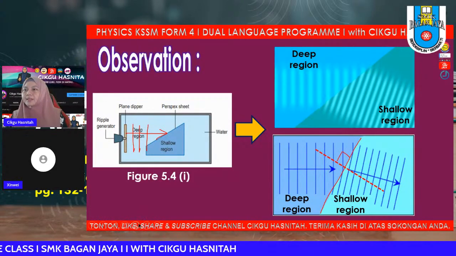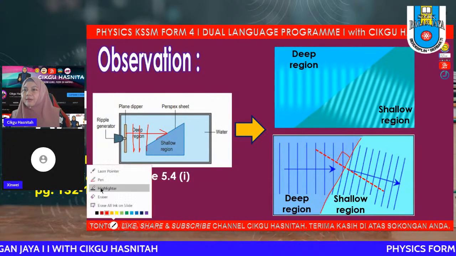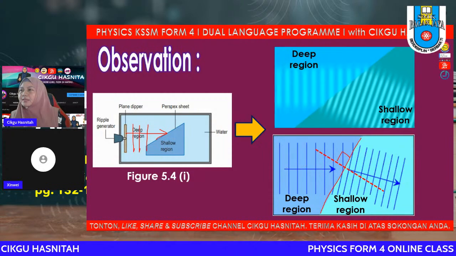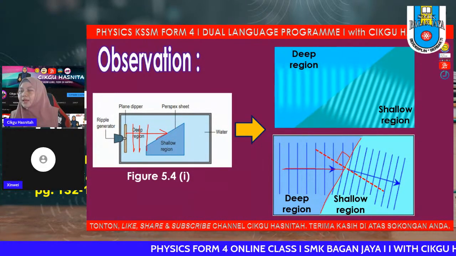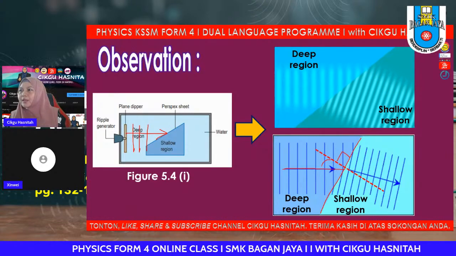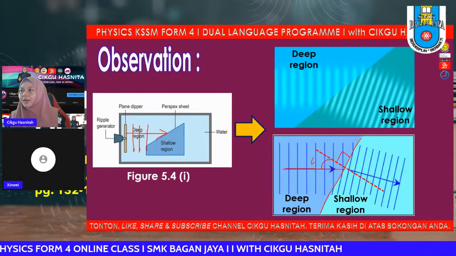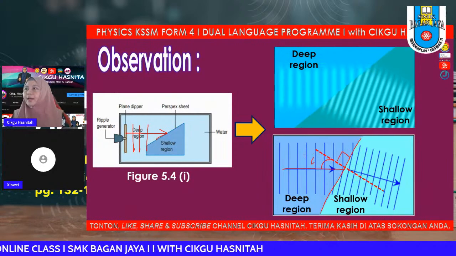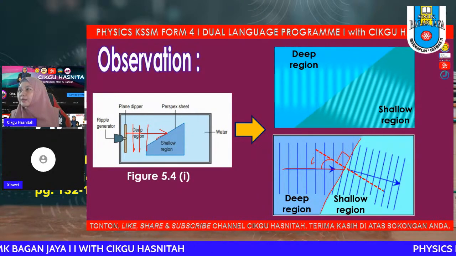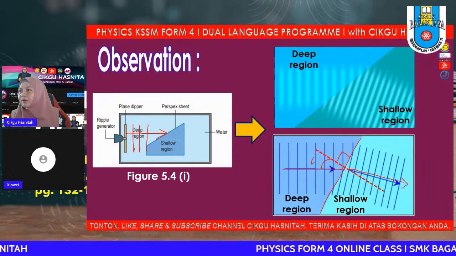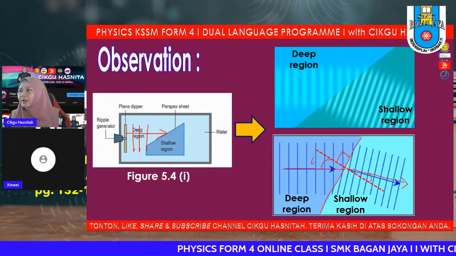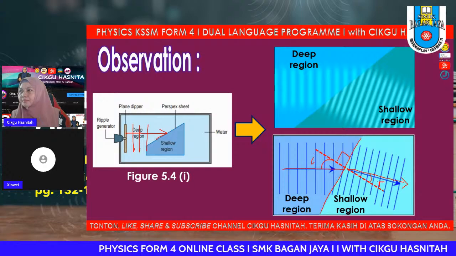And this is the angle of incidence. Here you can see the incident wave propagating in the deep region. So this is our angle of incidence, i. And then this is our refracted wave, and this is our angle of refraction.